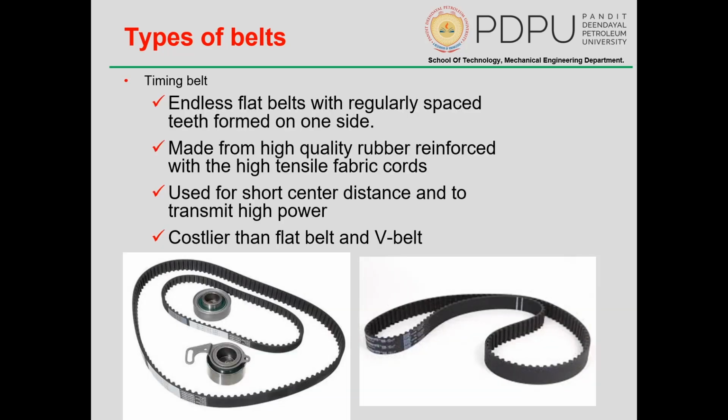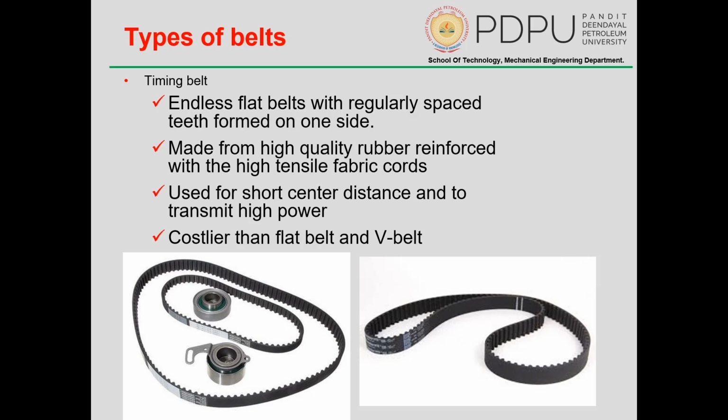Next is timing belt. Timing belt is similar to your flat belt with a small change: they are endless flat belts with regularly spaced teeth formed on one side. The teeth that you are looking at here help to have proper timing given. This type of belt is usually used in connecting crankshaft and camshaft, where timing is very crucial.